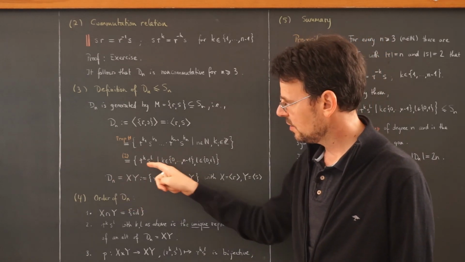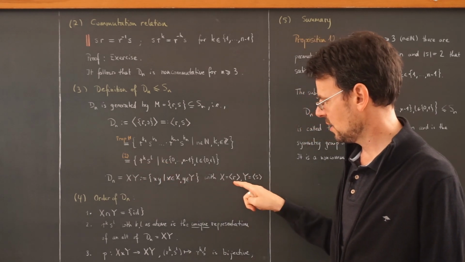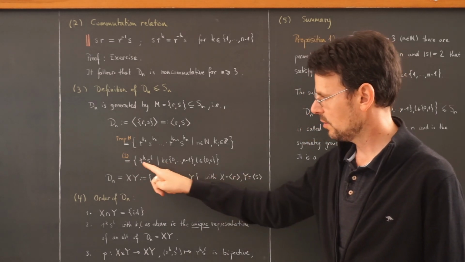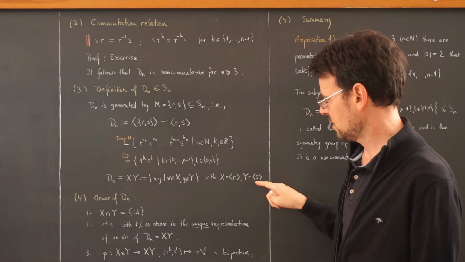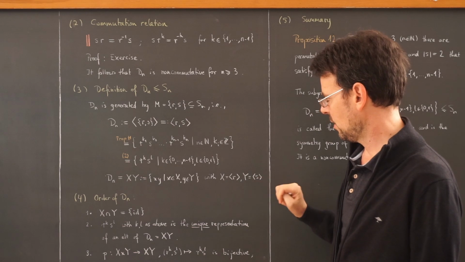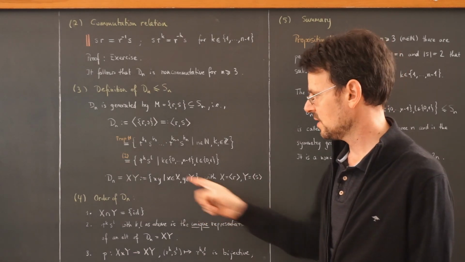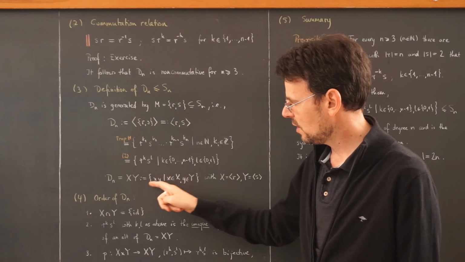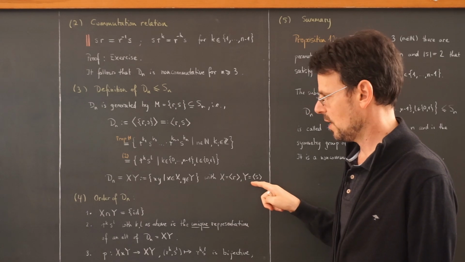And this here can be written like that. If X is the cyclic subgroup generated by R, containing all the powers R to the K, and Y is the cyclic subgroup containing all the powers of S, this is simply the identity and S, then those here are simply all the products of elements of X with elements of Y.